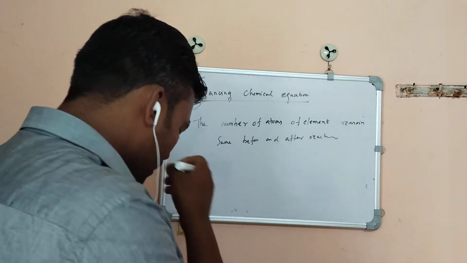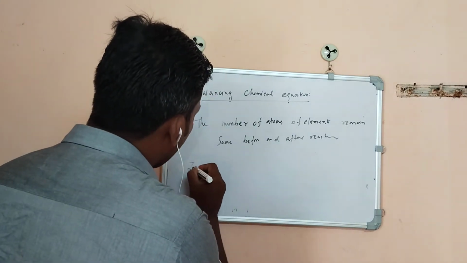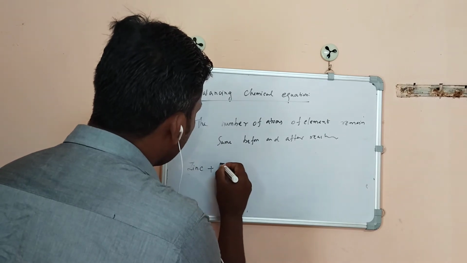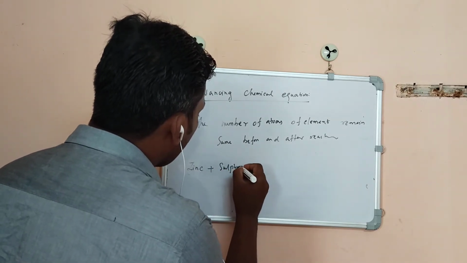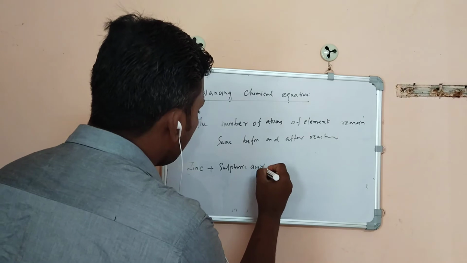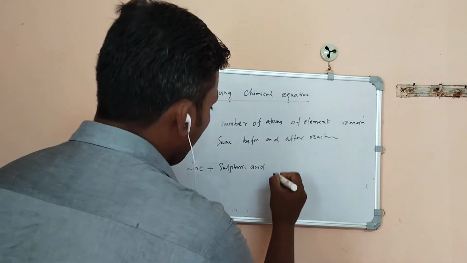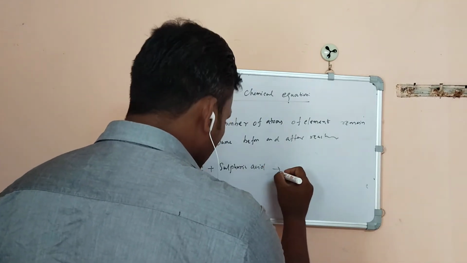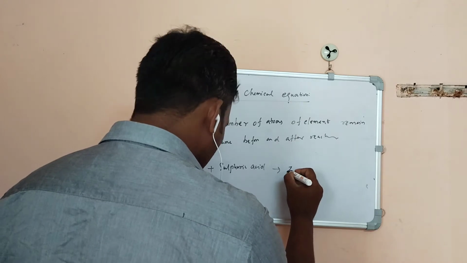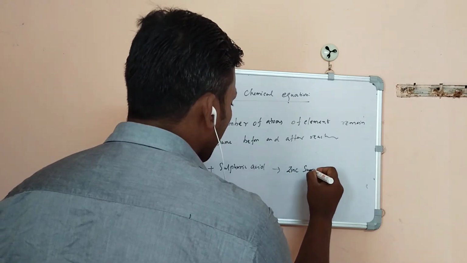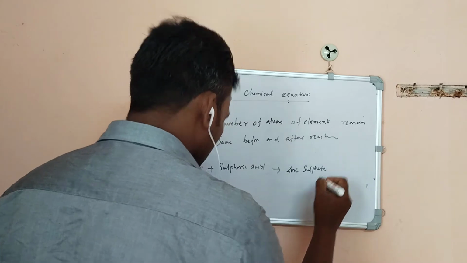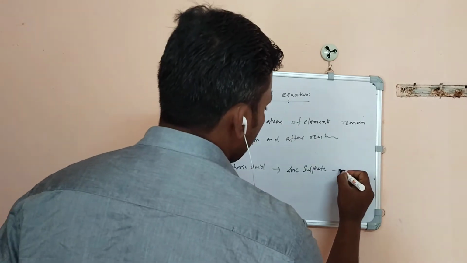Now we are going to see some examples. Zinc plus sulfuric acid gives zinc sulfate plus hydrogen.